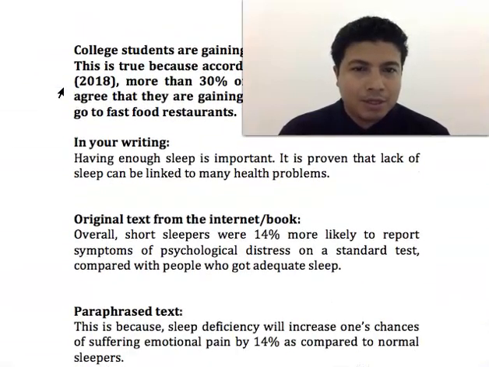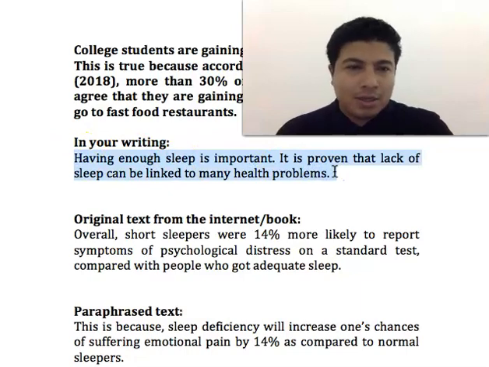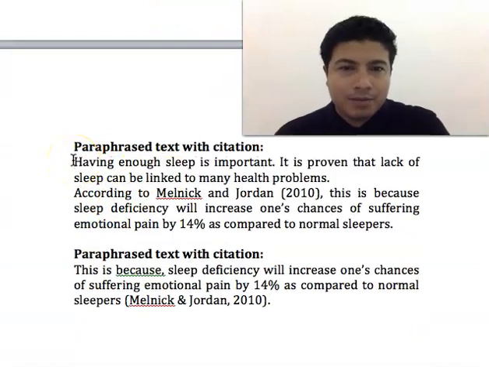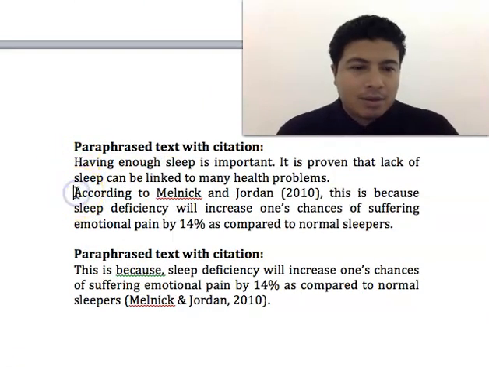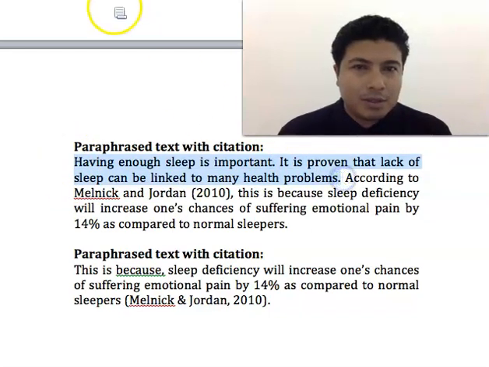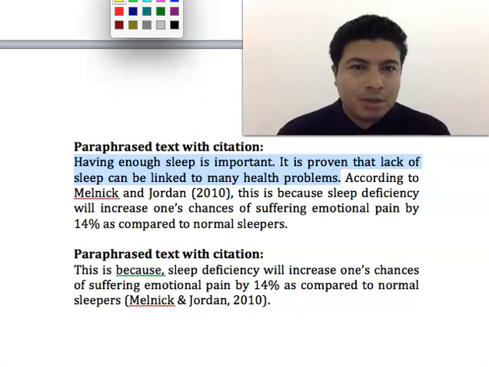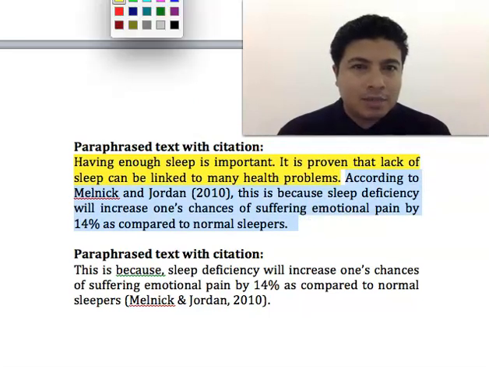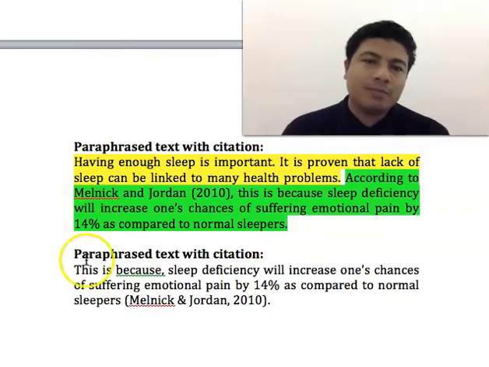My point is having enough sleep is important, and it is proven that lack of sleep can be linked to many health problems. So when I put it here, this is my point, and this is how I support my point.